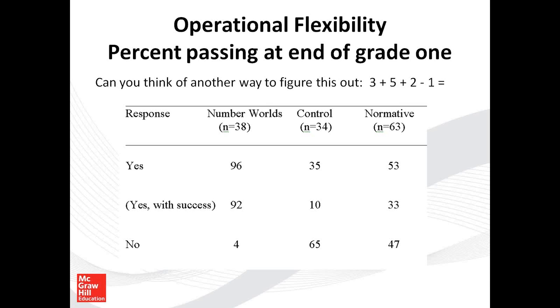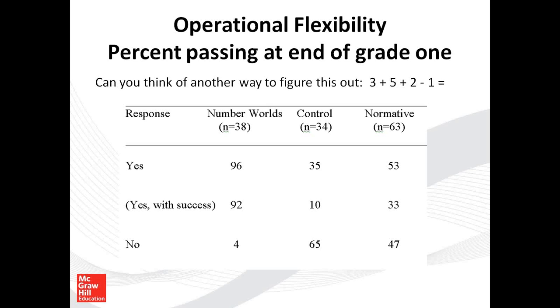And in the second row of this chart, 92% of these students actually got the correct answer with a totally different way of solving that problem. Only 53% of the normative sample said yes, I can think of another way to solve it, and only 35% of the control group.